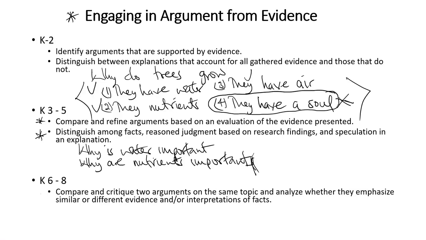K6 to 8 is even more complex. They need to be able to compare and critique two arguments. So, for example, someone can say, growth is largely due to nutrients. And someone will say, oh, growth is largely due to water. So I'll put two arguments here. Growth is largely due to nutrients.